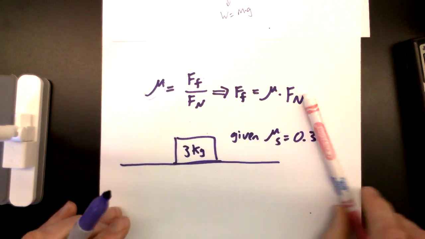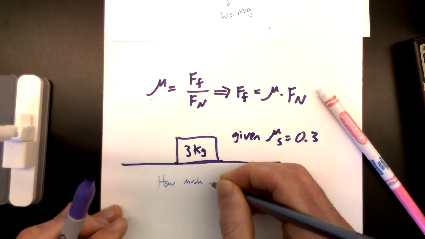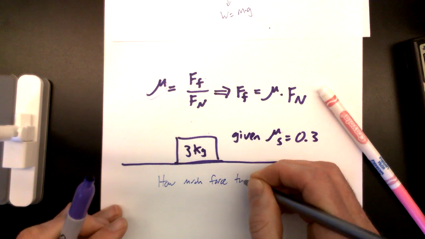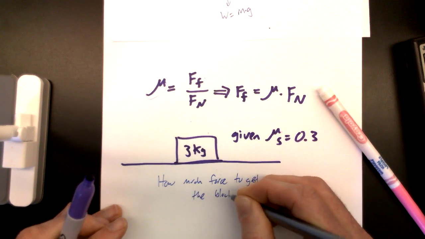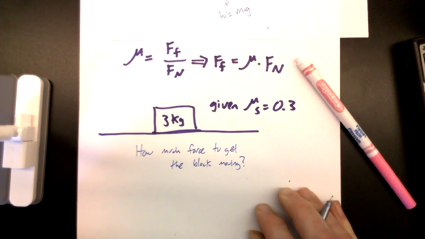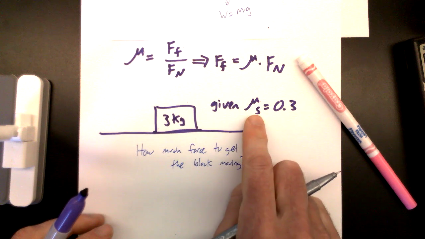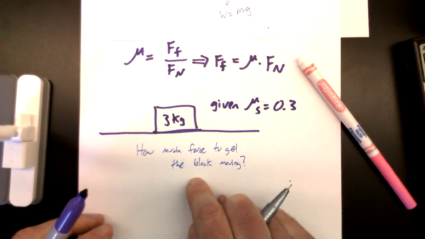And the question is going to be, how much force do I need to get the block moving? Okay, that's going to be the question. A 3 kilogram block, and I'm given the static coefficient of friction is 0.3, and how much force to get the block moving.